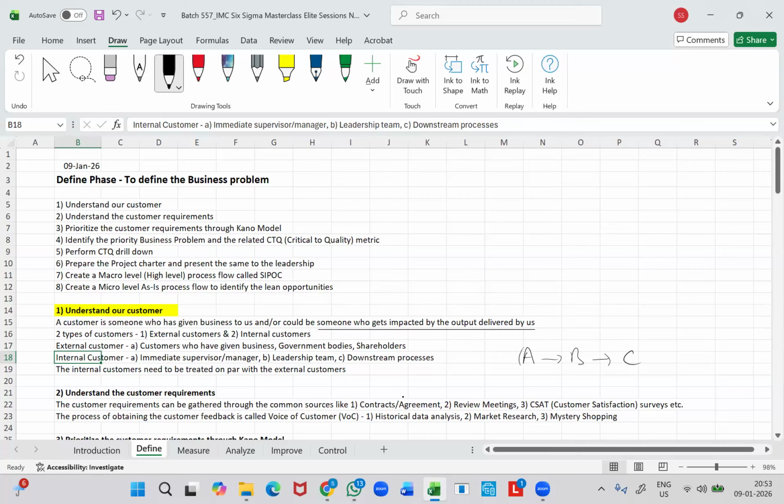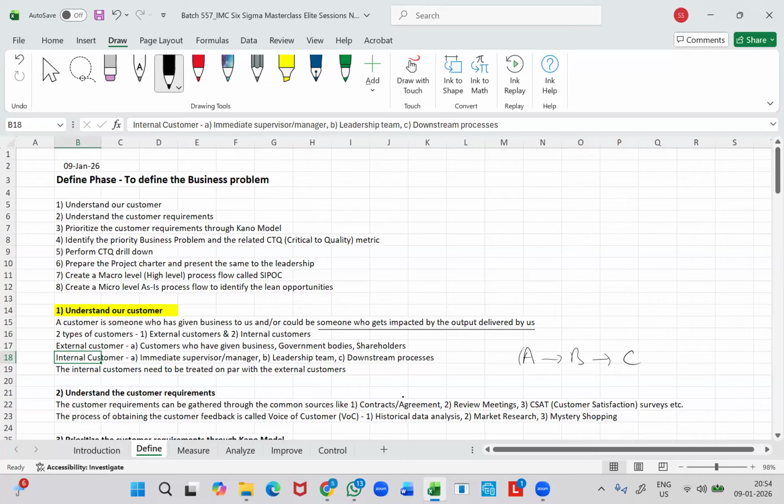Similarly, B's output will have an impact on C, right? The quality of output that is delivered by B will have an impact on C, and hence B will have to treat C as his internal customer.